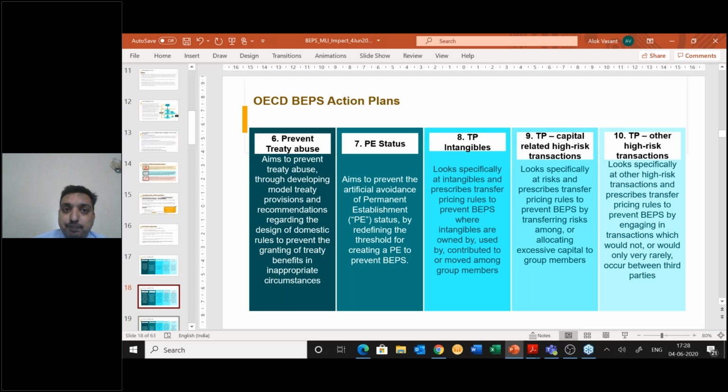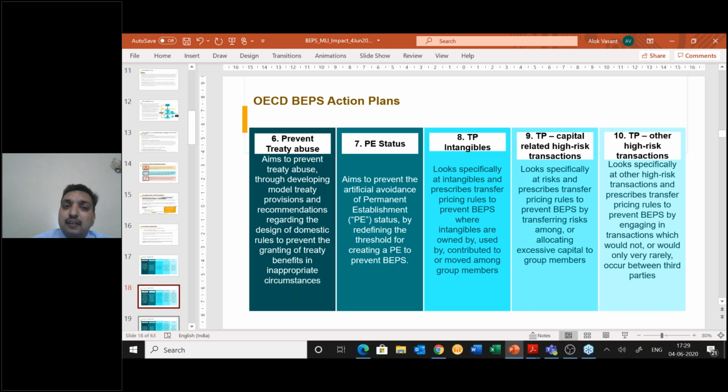Then there is Action Plan 6, which is largely focused on preventing treaty abuse. This is something which has been built into almost all treaties now. Whosoever have signed the multilateral instrument, their treaties will generally have this treaty abuse clause, and so treaty shopping would essentially be a thing of the past now.